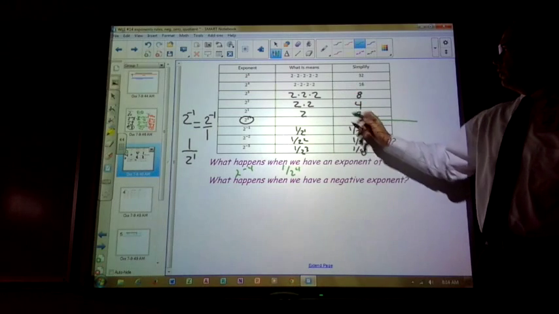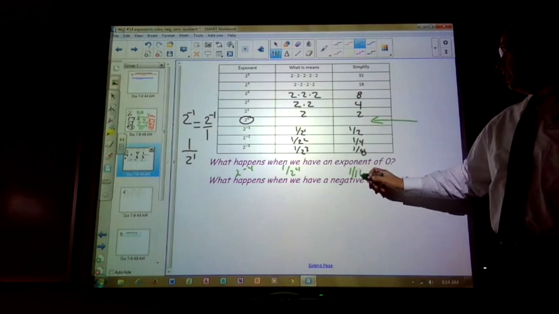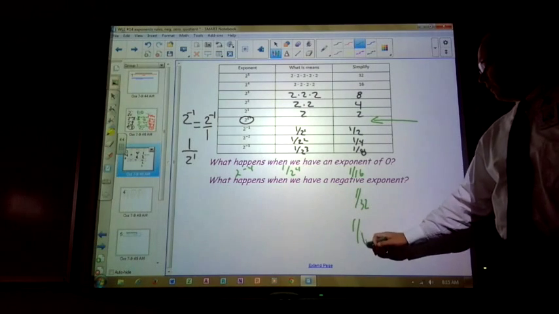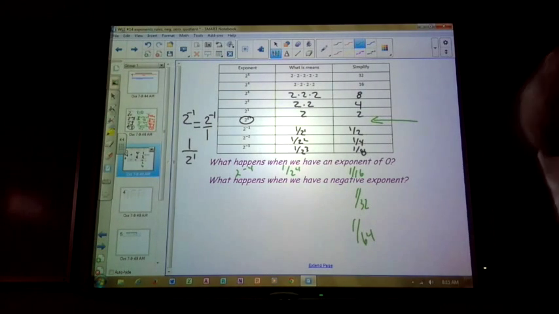And 2 to the 4th is 16, so that becomes 1 over 16. As I continue, the next one would be 1 over 32, 1 over 64, 1 over 128, 1 over 256, 1 over 512, 1 over 1024. So the fraction is getting to be a really small fraction.